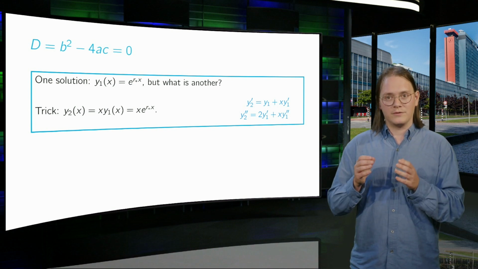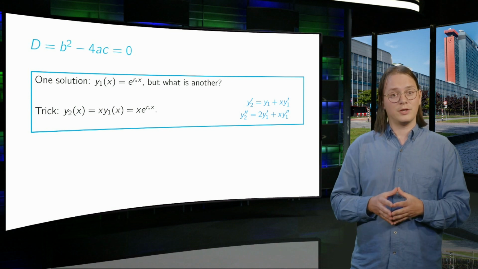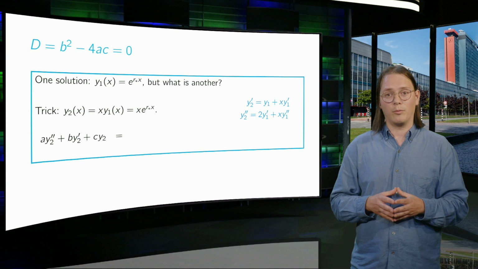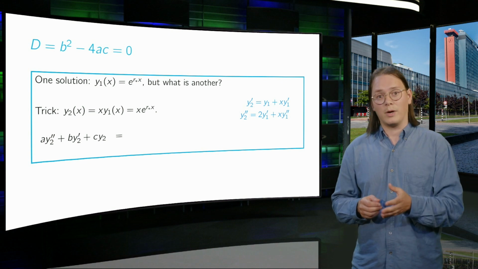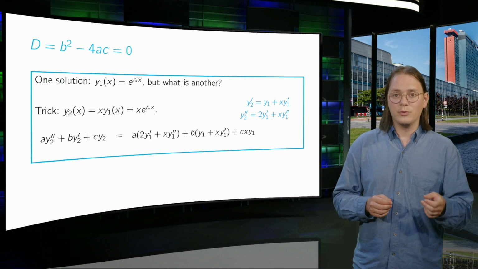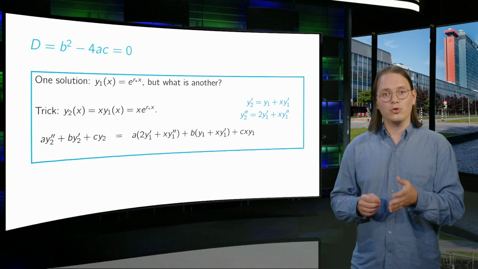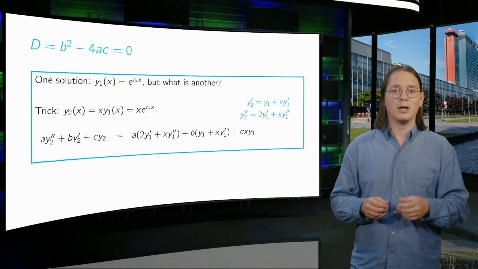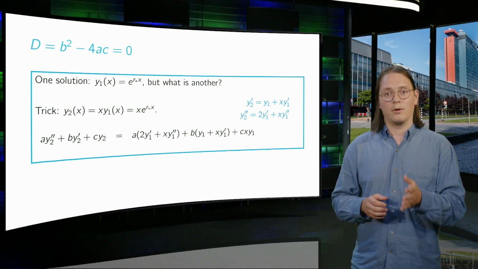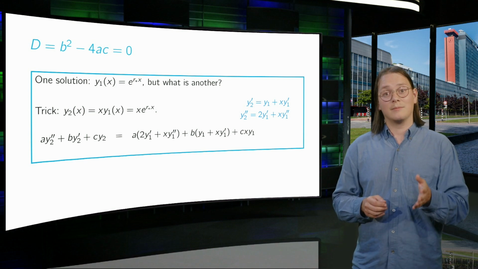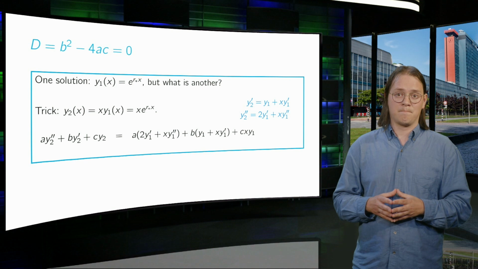Then we can plug this function y2 into our differential equation to obtain a times y2 double prime plus b times y2 prime plus c times y2 is equal to a times 2y1 prime plus x times y1 double prime plus b times y1 plus x times y1 prime plus c times x times y1.